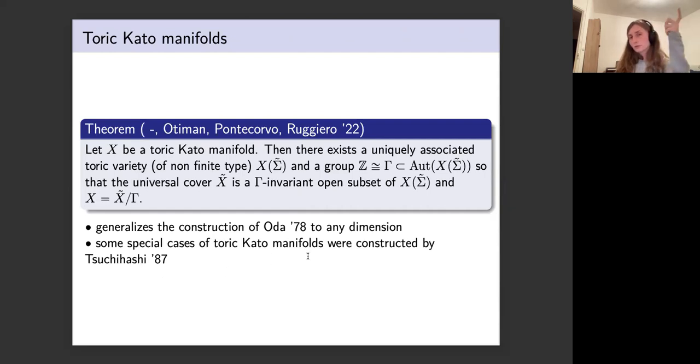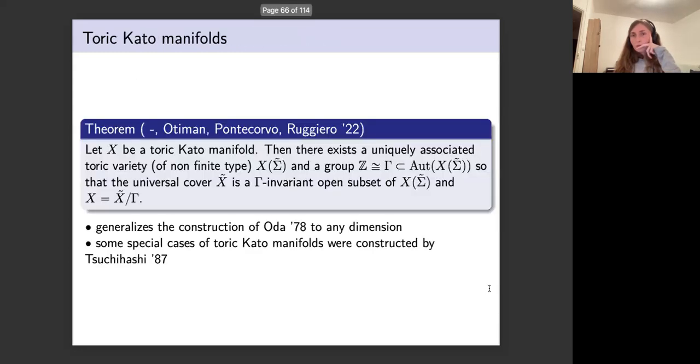He was constructing in general some manifolds, and some of those were Kato, but in a bit different way, let's say. But also again from some infinite type, I mean, from this sort of algebraic varieties which are not finite.